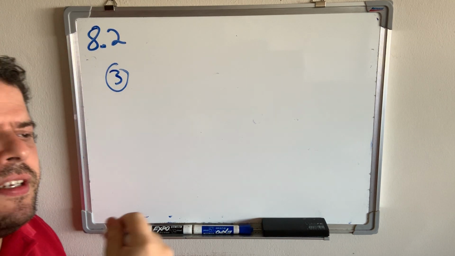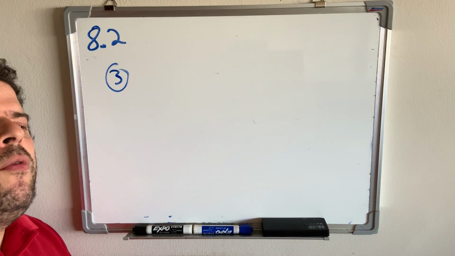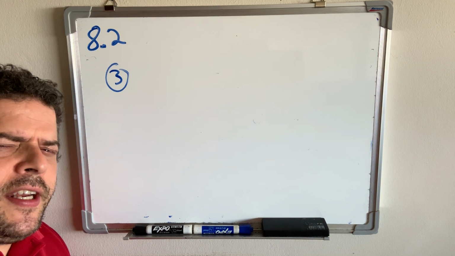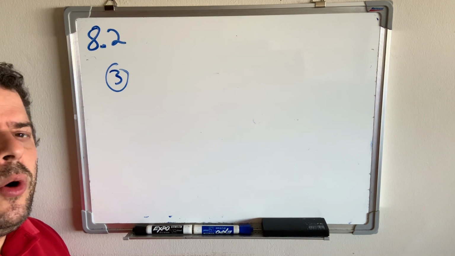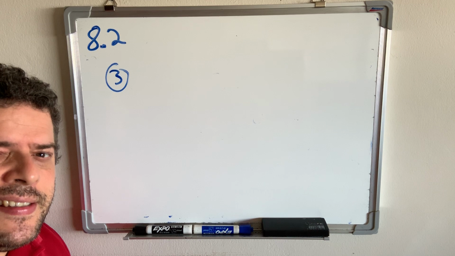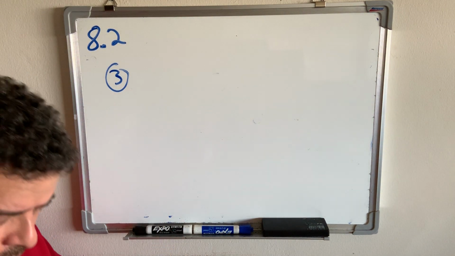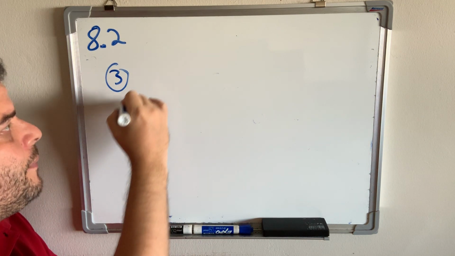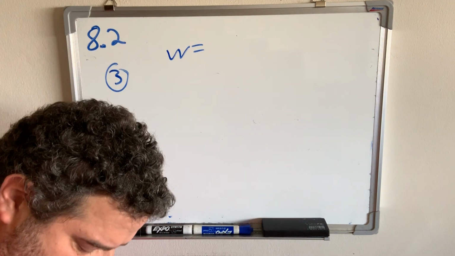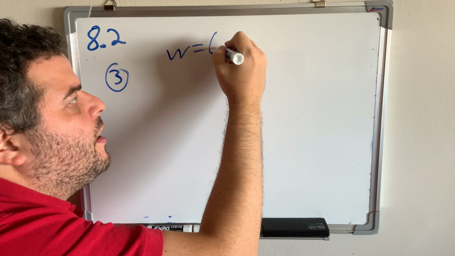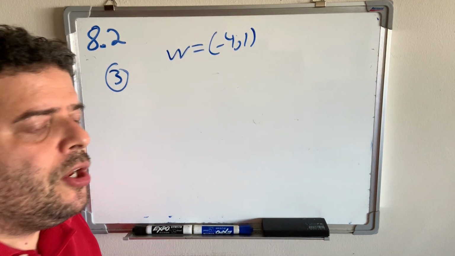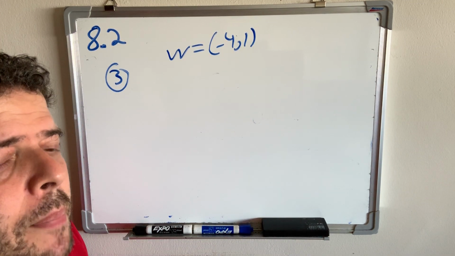Example 3 is a continuation of what we worked on last class, which is vector operations. We're going to work with addition, subtraction, and scaling. So in example 3, they tell me in the book on page 493 that W is, and again, they're giving me various component forms, you should know this as component form.